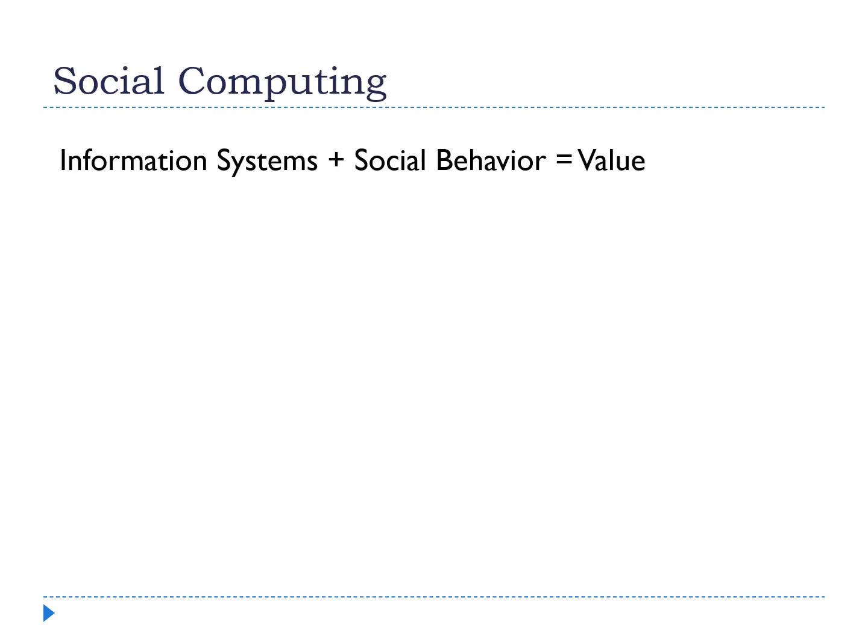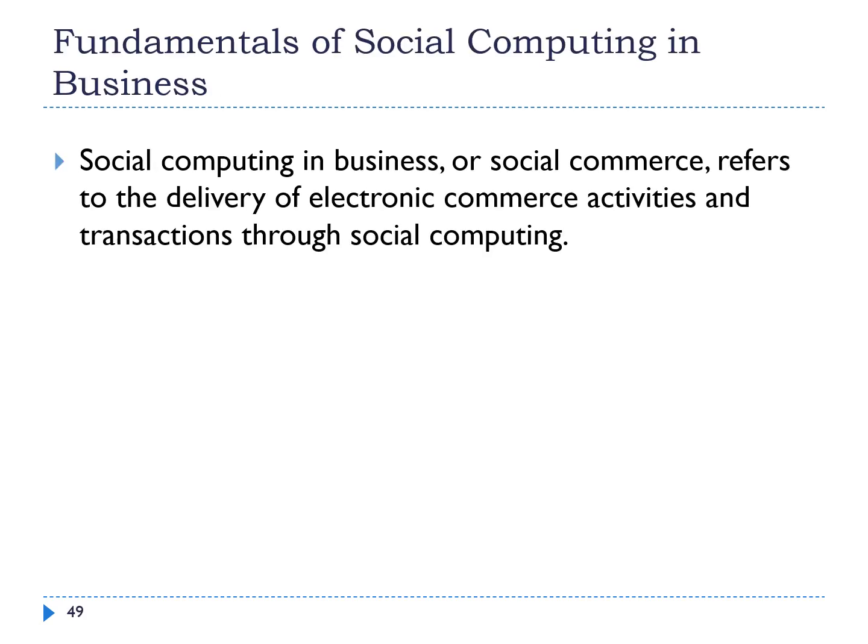Okay, let's come back to this slide. Previously, we talked about social computing. What is social computing? It is the combination of information systems and social behavior to create value for businesses and individuals. Social computing in business is social commerce.